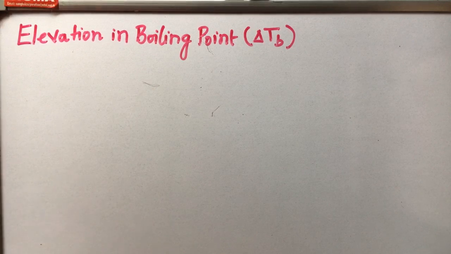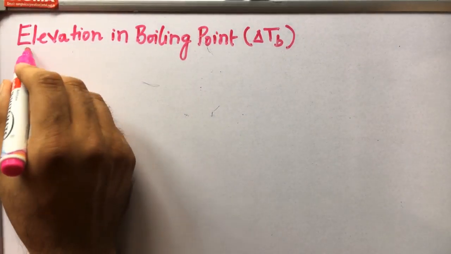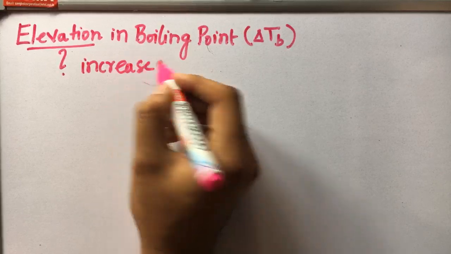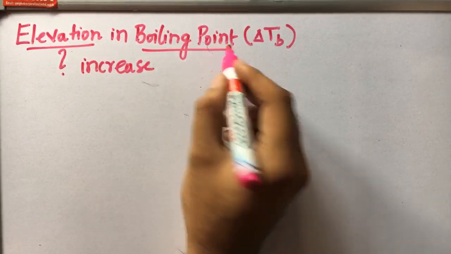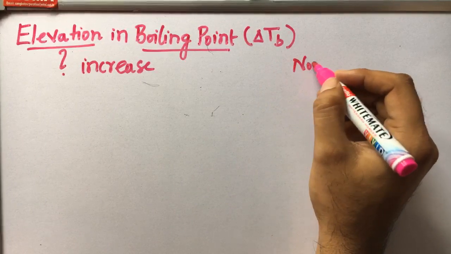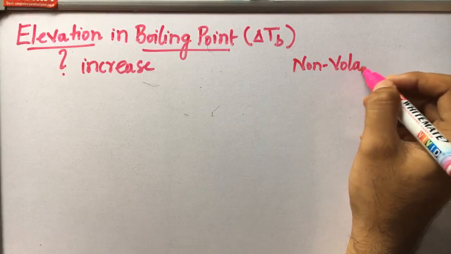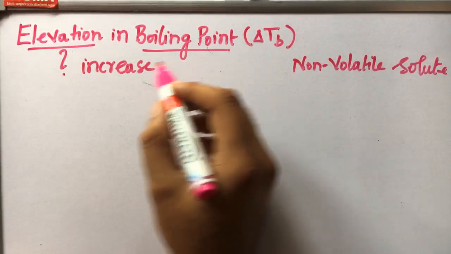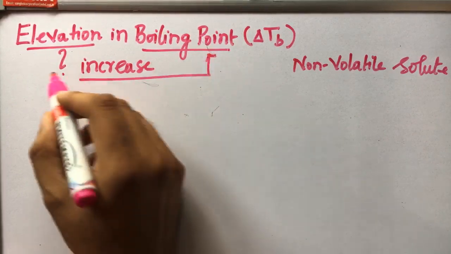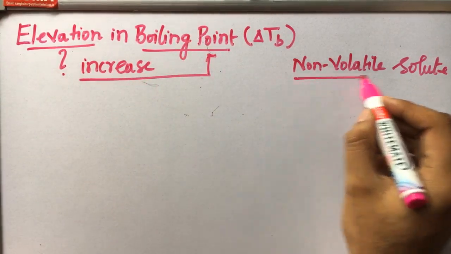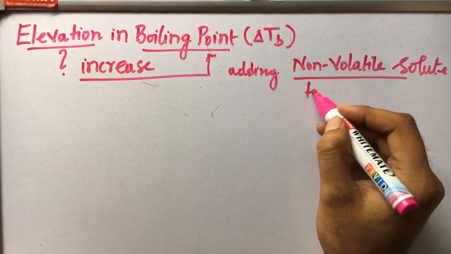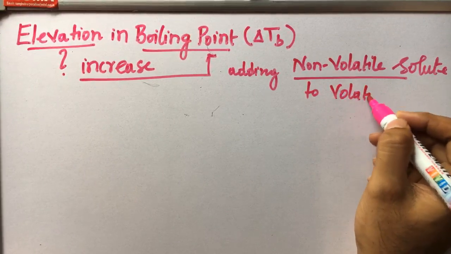Now if we want to study why there is elevation, elevation means increase. Why would there be an increase in the boiling point upon adding a non-volatile solute to a volatile solvent?